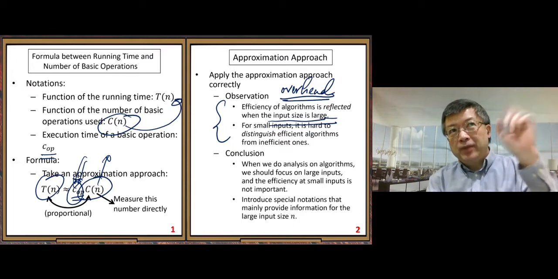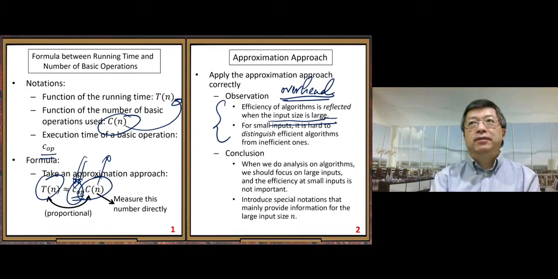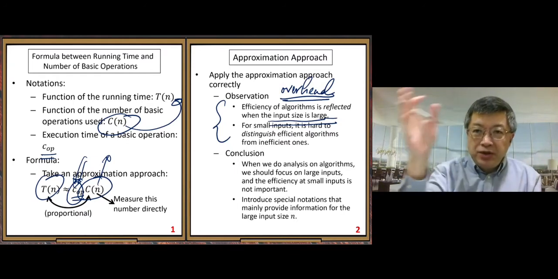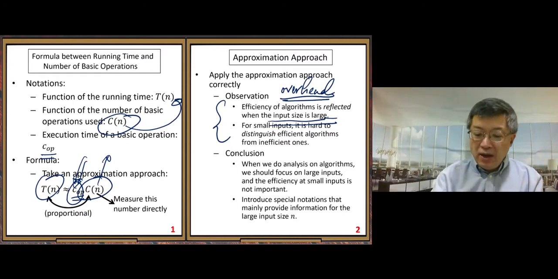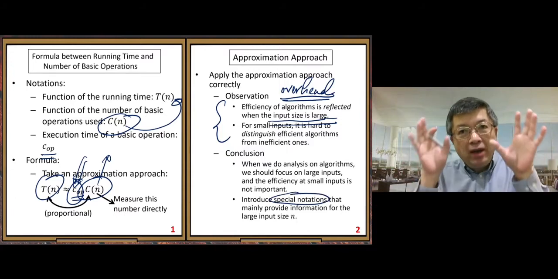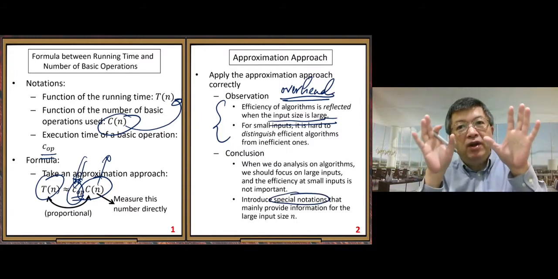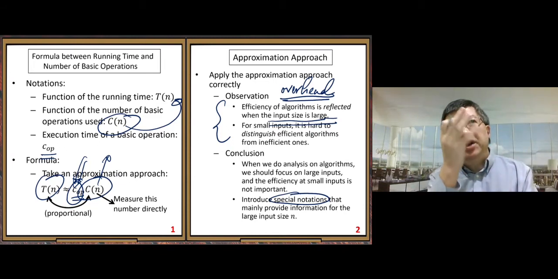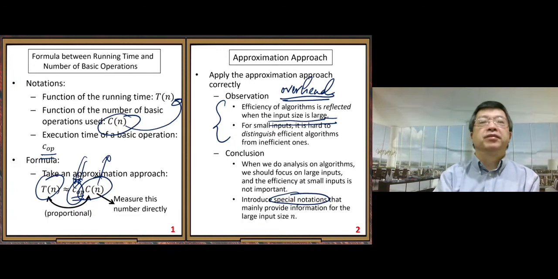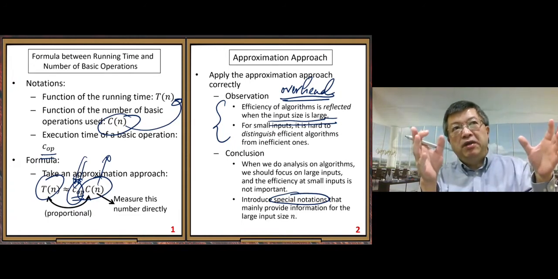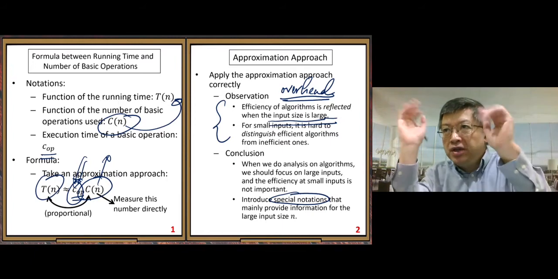Then, with that understanding, the next thing we need to do is introduce special notations that mainly provide information for large input sizes. Asymptotic notations. In our later part, we will discuss asymptotic notations.